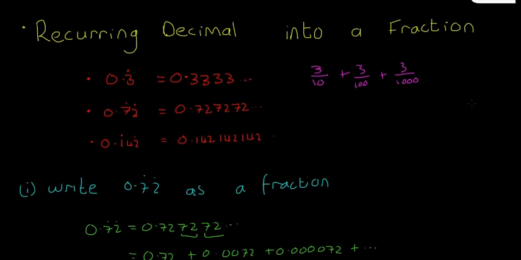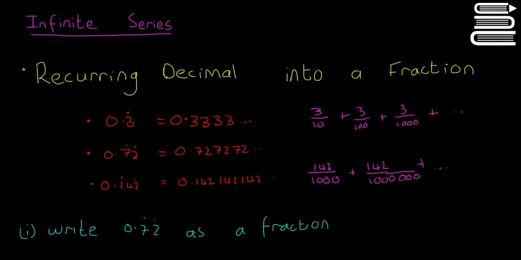And the same if we do it down here, it's going to be 142 over 1,000 for the first one, and then the second one is going to be 142 over 1,000,000. So in this case the numbers go up a lot quicker, but the same general method is still the exact same.